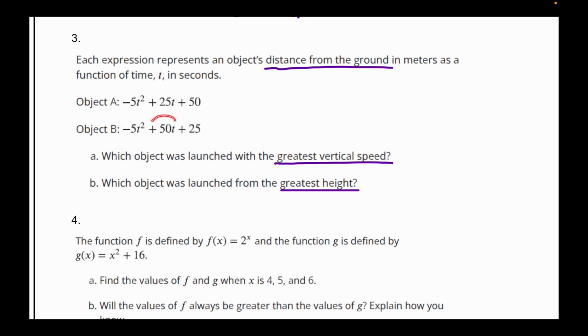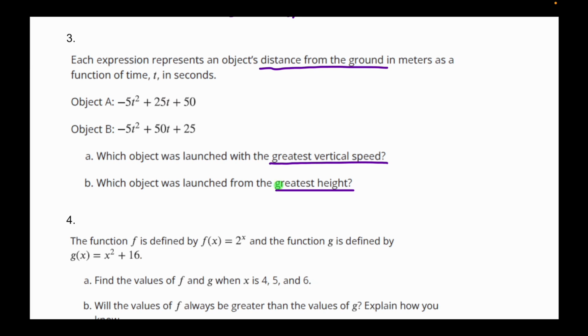But then we have the linear term, meaning it has the variable to the power of 1, and these are different. And then we have our constant terms, which have no variables on them at all. So the constant terms represent the starting height.